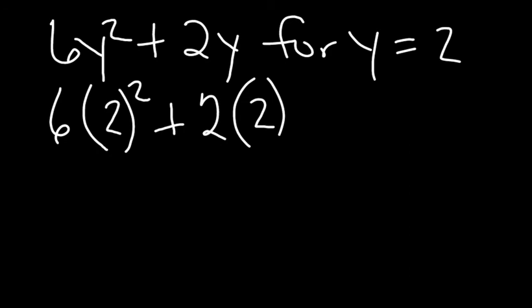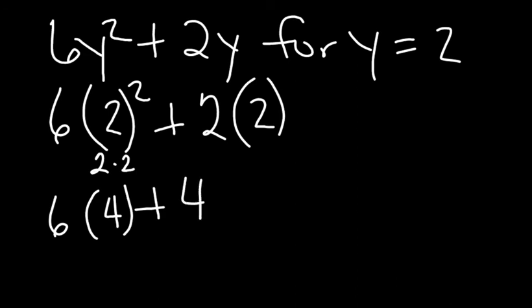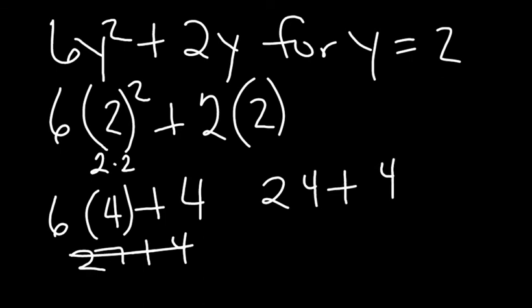What is 2 to the second power? Well, that means 2 times 2. Write it down twice. So that's 6 times 4 plus, what is 2 times 2? 4. 6 times 4 is 24 plus 4. Whoops, I put a 27 for some reason. 24 plus 4. So that's what? 28.